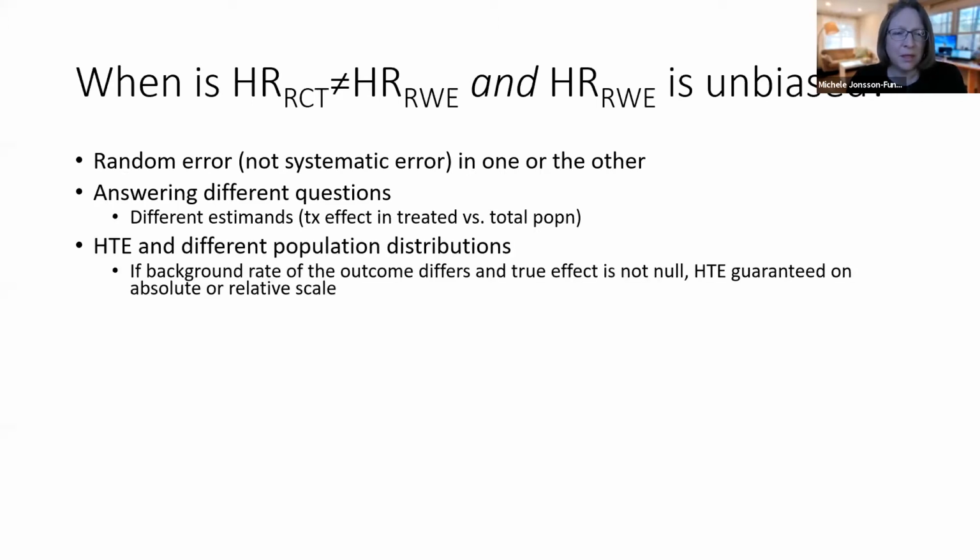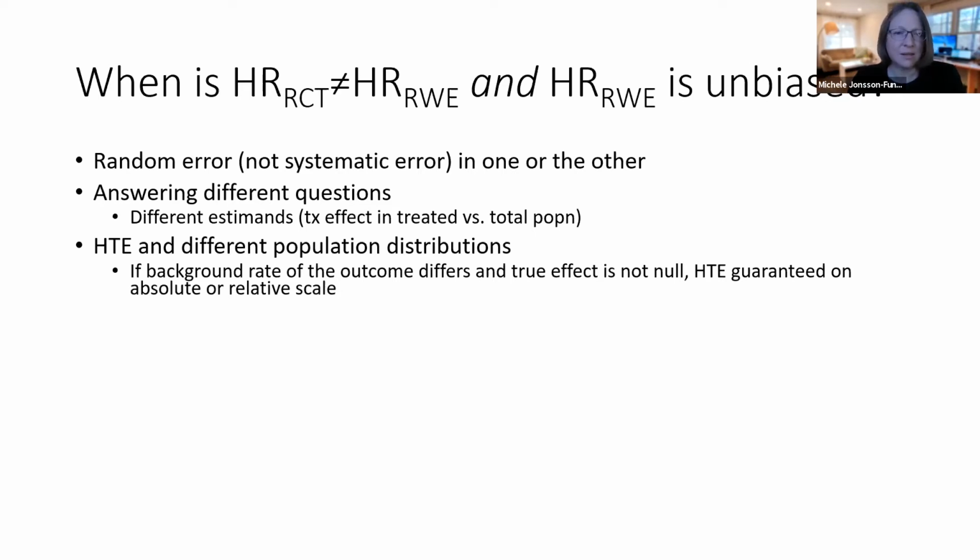Next. Treatment effect heterogeneity is also a really important source of potential true differences. And I just want to note here that if the real world population that we're studying this question in has a different background rate of the outcome that we're interested in, and the treatment does have some effect on it, then we're guaranteed to see treatment effect heterogeneity on either the absolute or the relative scale if the population is different in that sense.